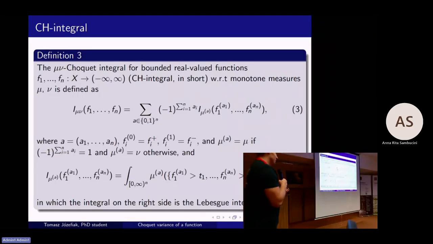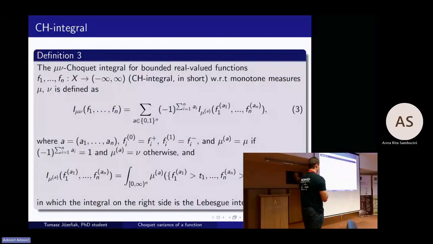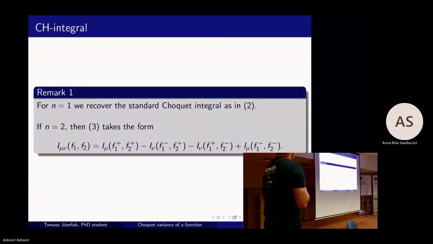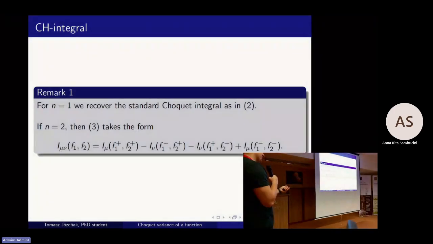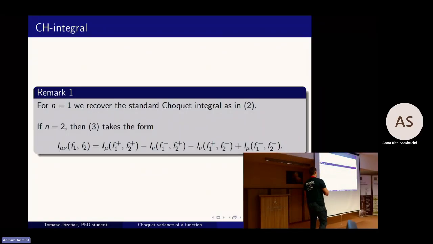It's not very complicated, but some technical things are there. So let's look at how it looks for certain numbers n. If n equals 1, we recover the standard Shortcut integral for two monotone measures.